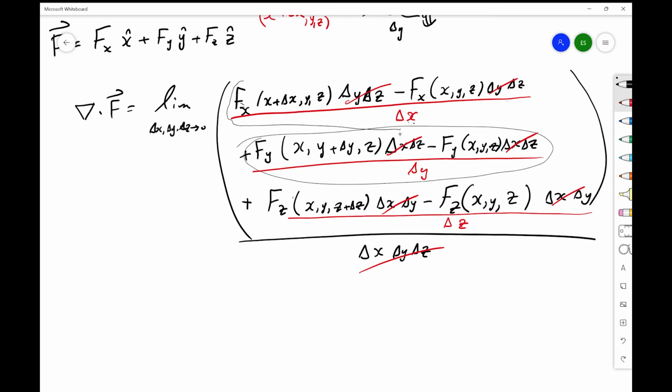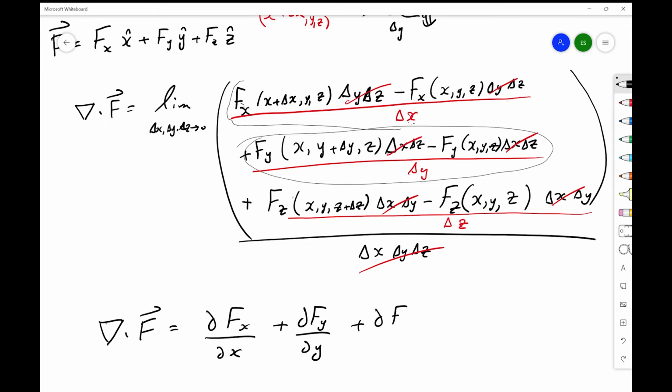So in Cartesian coordinates, the way to calculate the divergence is as follows. You take the x derivative of the x component, the y derivative of the y component, and the z derivative of the z component.